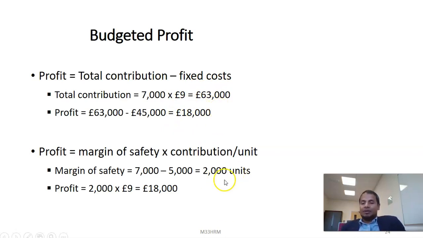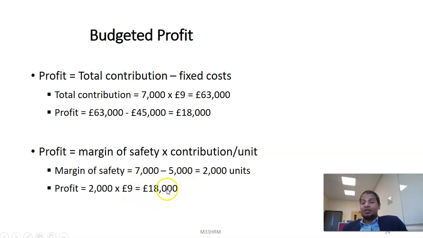All right, and this profit can also be calculated as margin of safety multiplied by contribution per unit. So margin of safety is 2,000 multiplied by 9 is the budgeted profit.